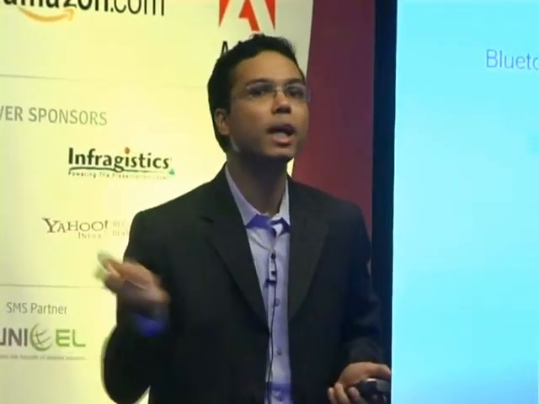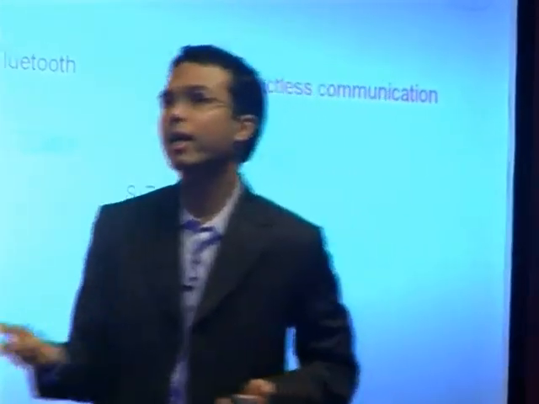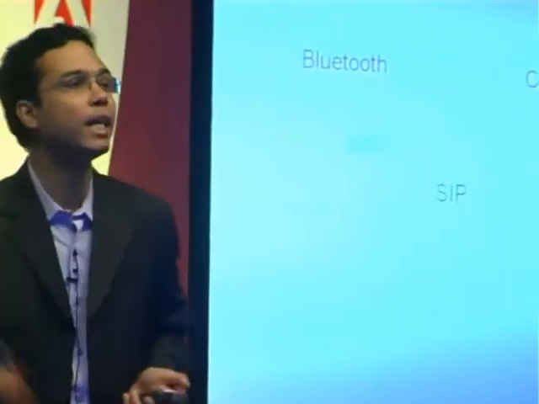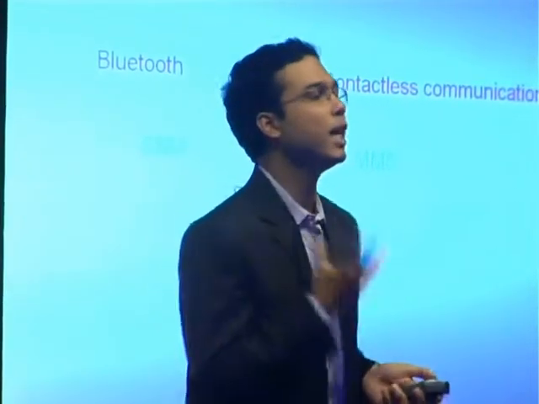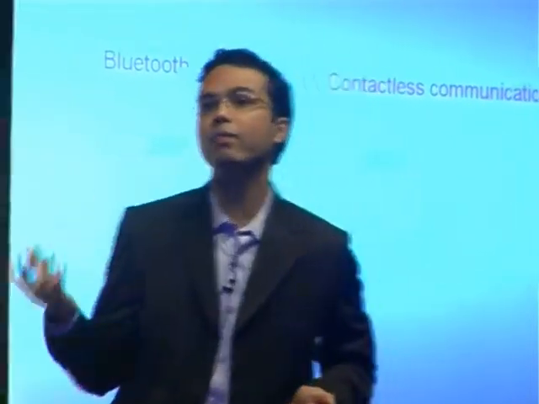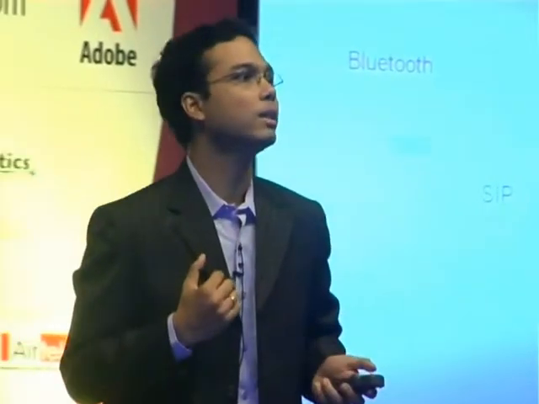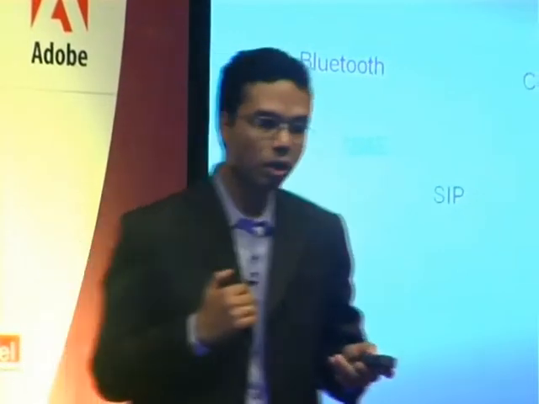It can be used as a swipe card as you get into your office, and it can be used for payment, e-ticketing, whatnot. So we have contactless communication, which has APIs for NFC, that is near field communication, as well as RFID. So probably Java is sometimes ahead of time.